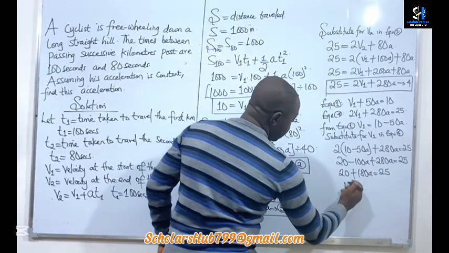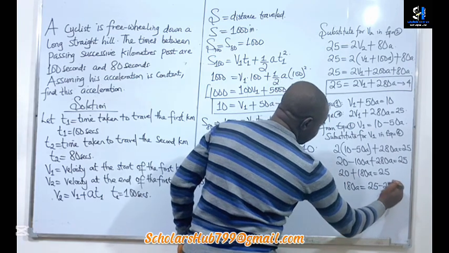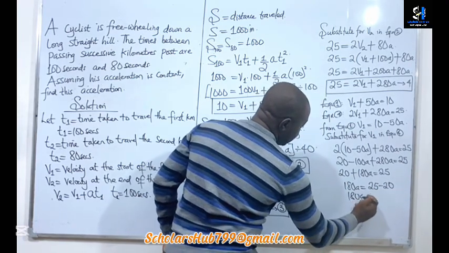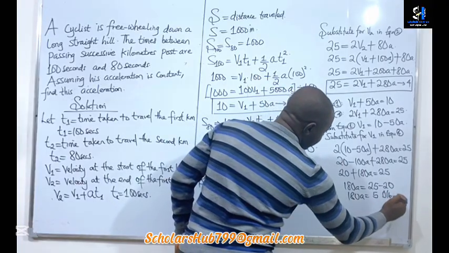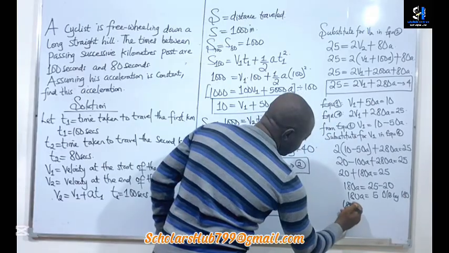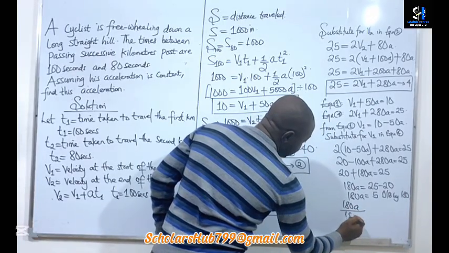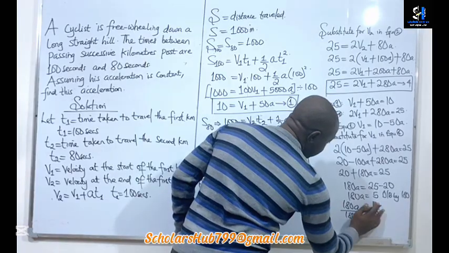So we collect like terms. This will be 180A equals 25 minus 20. This will be 180A equals 5. So if I divide both sides by 180, this will be 180A divided by 180, then 5 divided by 180.